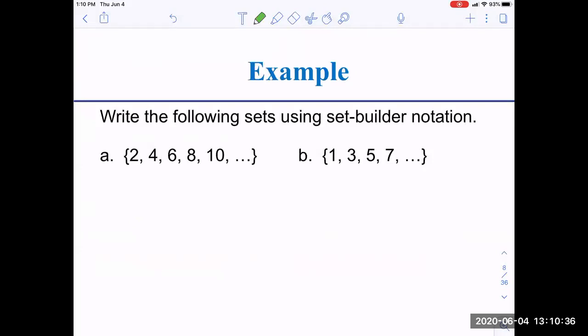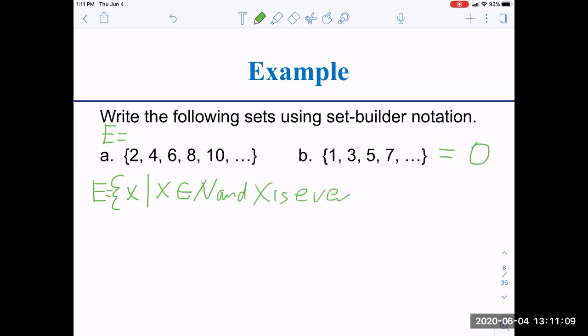Okay, I'm going to play with these for a bit. Over here, I'm going to call this set E, because those are the even natural numbers. And I'll call this set O for the odds. Well, if I want the evens, I can say the set of X such that X is an element of N, the natural numbers, and X is even.